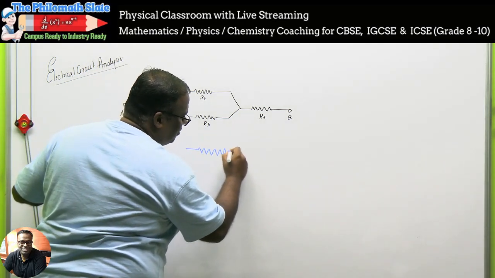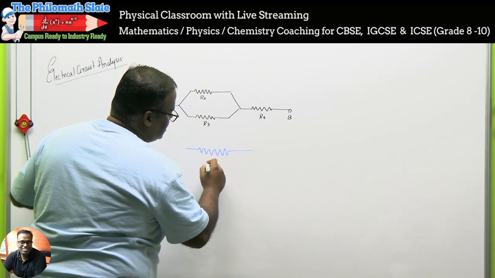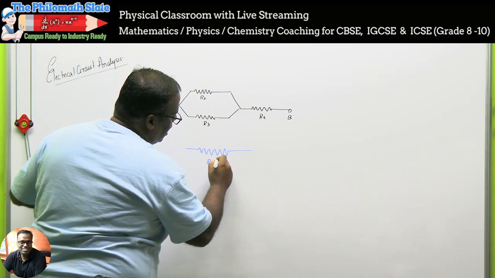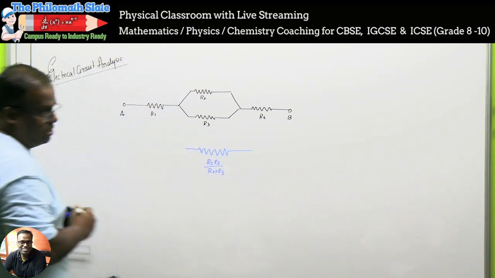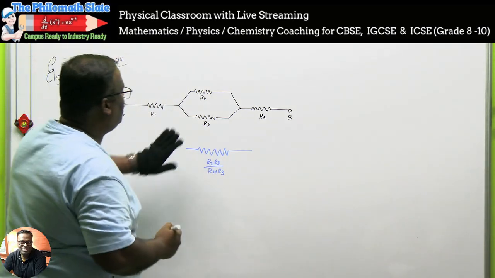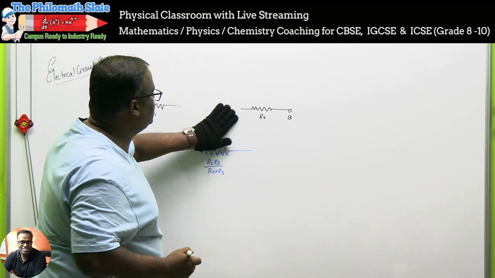Yeah, wait, मजा लो. R2 and R3 का net resistance कितना हो जाएगा? R2 R3 divided by R2 plus R3. This is one resistor. ठीक है? That means हमारे diagram से हमने इन दोनों resistor को क्या किया?